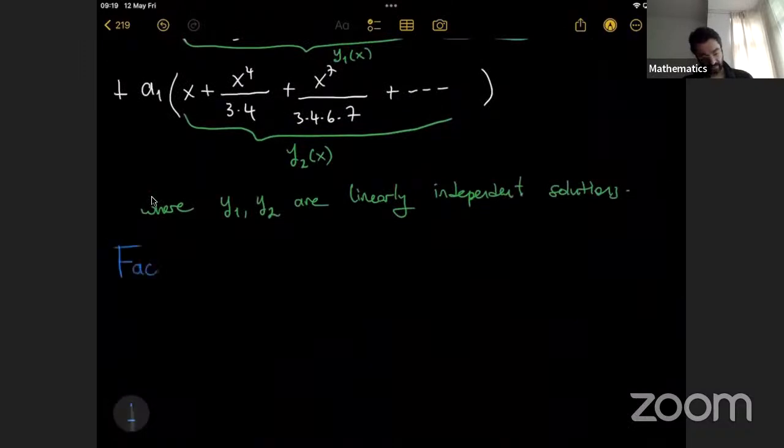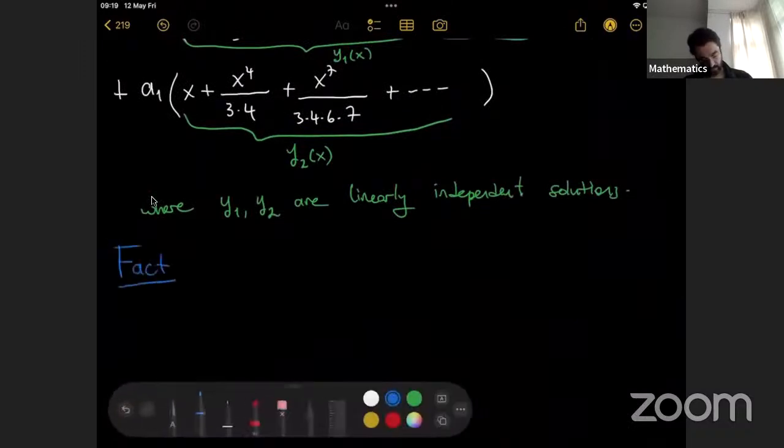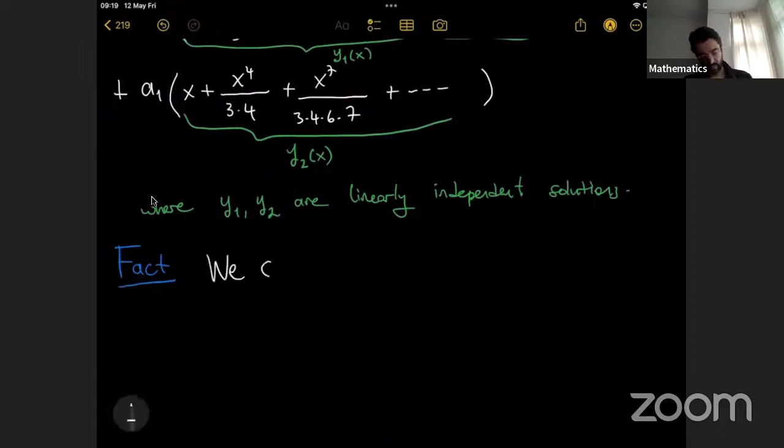So this is a fact. Maybe let's talk about this first. We can always find a power series solution near an ordinary point. So this is a fact we should know, okay?